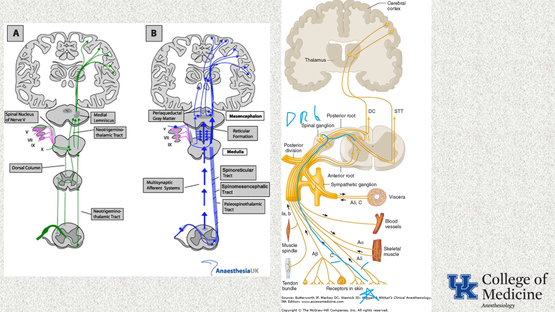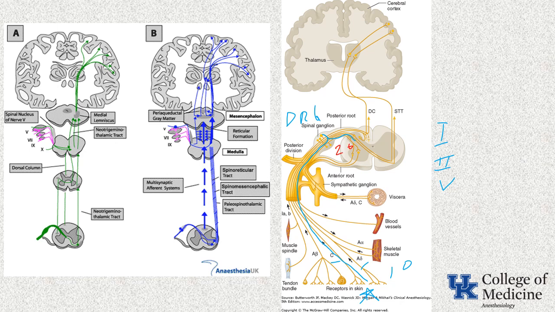They synapse in the spinal cord in Rexed lamina 1, 2, and 5, onto secondary order neurons. So this is primary. These are secondary.